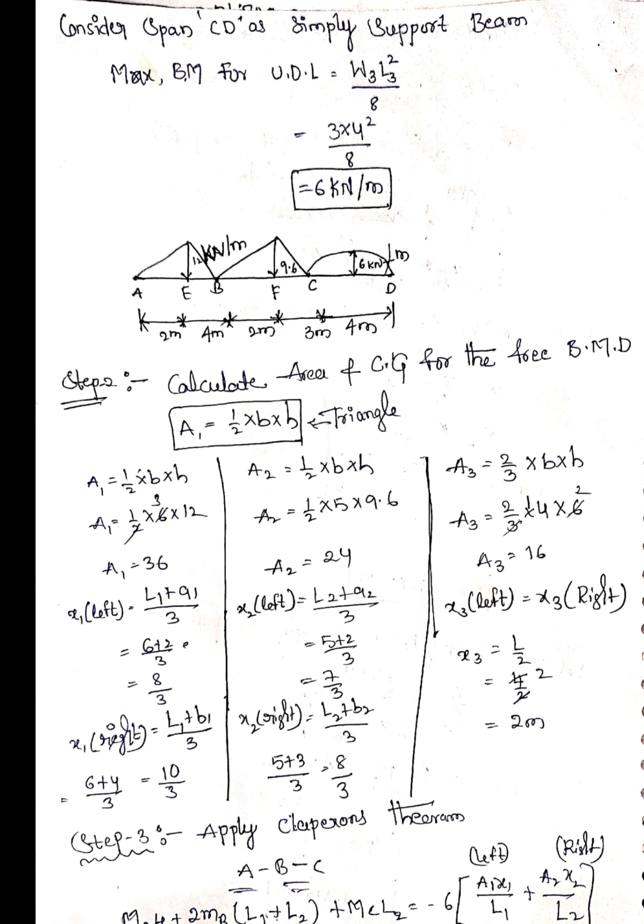Next, step 3 is to apply Clapeyron's theorem, the three moment theorem. First we will apply for ABC, then we will apply for BCD. If we apply for ABC, this is the formula: MA L1 plus 2 MB (L1 plus L2) plus MC L2 equal to minus 6 into (A1 X1 by L1 plus A2 X2 by L2). In this problem, I1 equal to I2 equal to I3, only I is there, no different moments of inertia. So this formula we can directly apply.